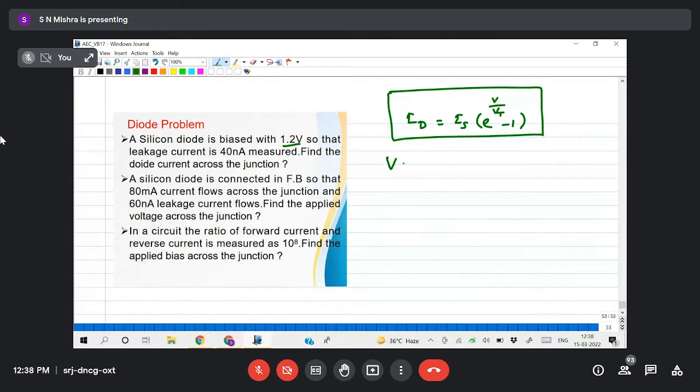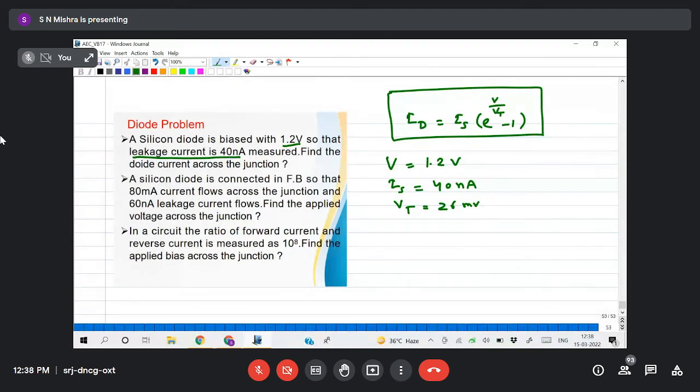V is given. This is the bias voltage which is connected to the diode, and leakage current is 40 nanoampere. That means IS is 40 nanoampere. VT you know, that is 26 millivolt.